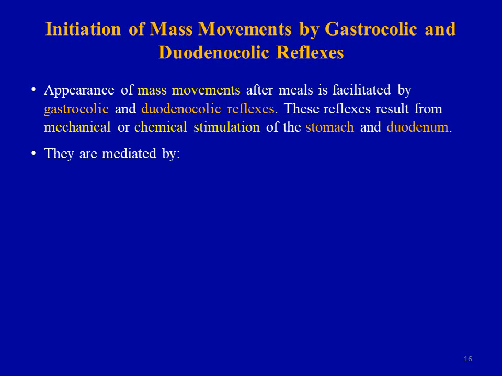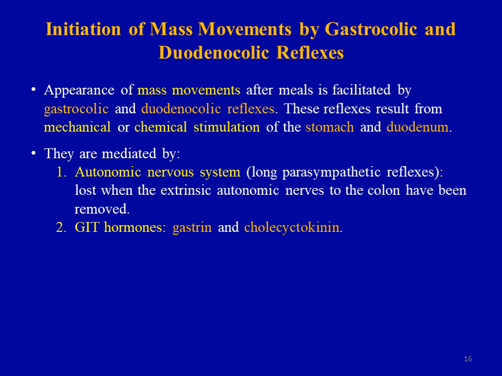These are long central parasympathetic reflexes, and they are lost when the extrinsic autonomic nerves to the colon have been removed or cut during surgery. And then also these reflexes are mediated by GIT hormones, mainly gastrin and cholecystokinin. Gastrin is released mainly from the stomach, cholecystokinin mainly from the intestinal glands of the small intestine.